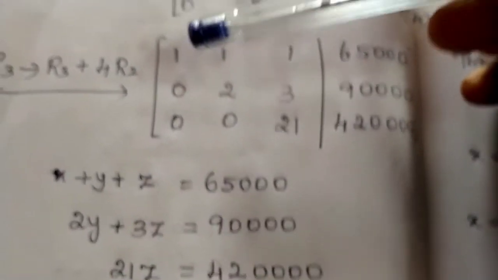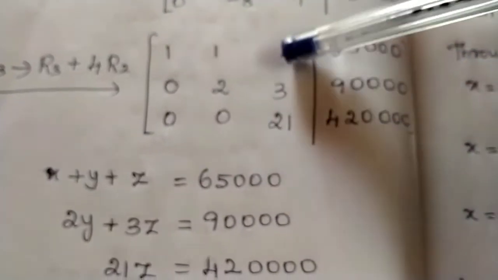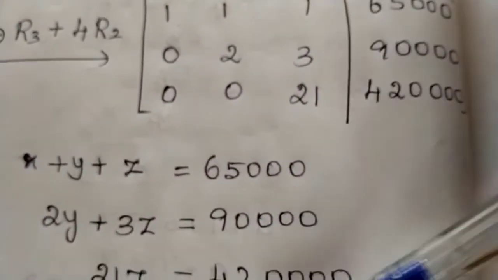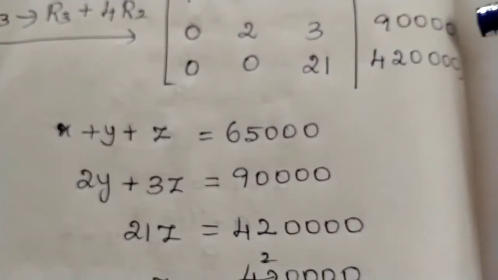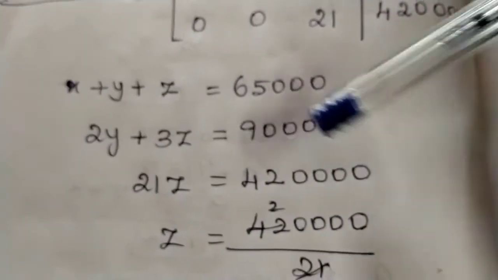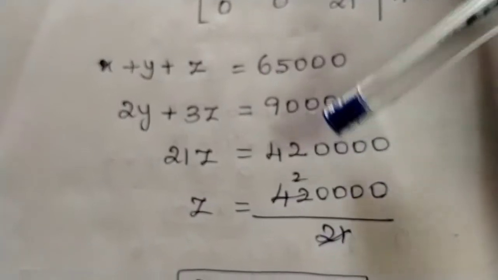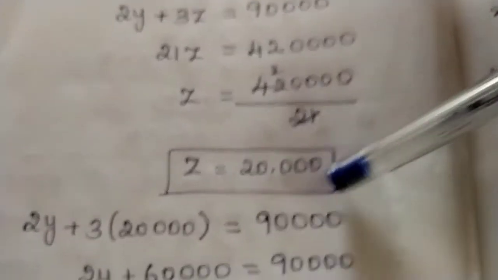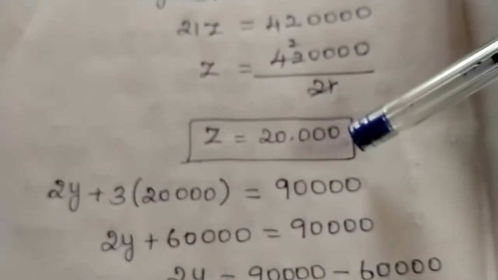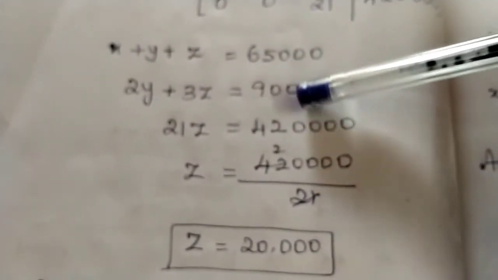Write the equation: x plus y plus z equal to 65,000, 2y plus 3z equal to 90,000, and 21z equal to 4,20,000. z equal to 4,20,000 divided by 21, cancel, z equal to 20,000. 20,000 substitute in this equation.